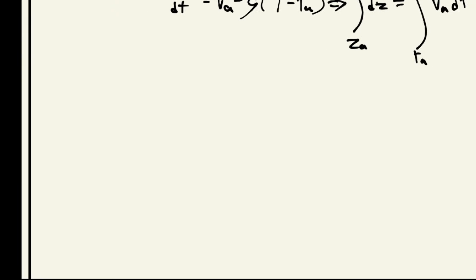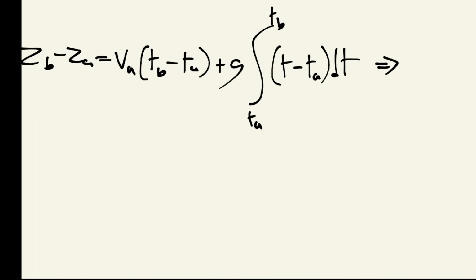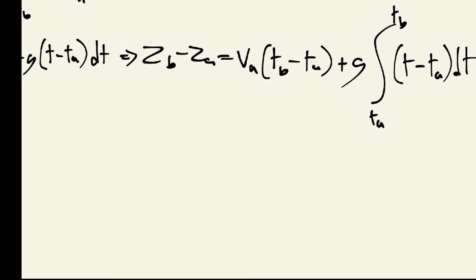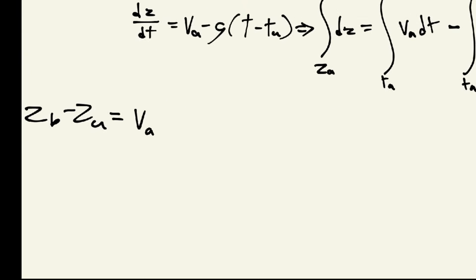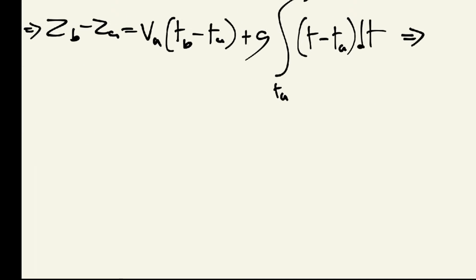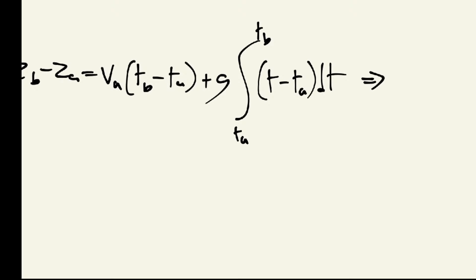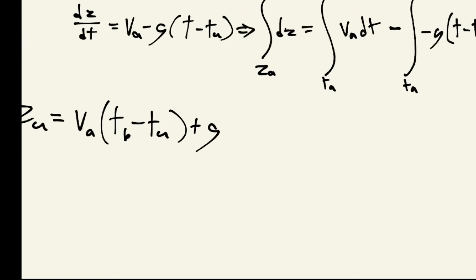So we're going to have z sub b minus z sub a equals, the first thing that we had was VA times T sub B minus T sub A. VA times T sub B minus T sub A. And then that's going to be plus G times, and we could get rid of these two being together and make them their own separate integrals.